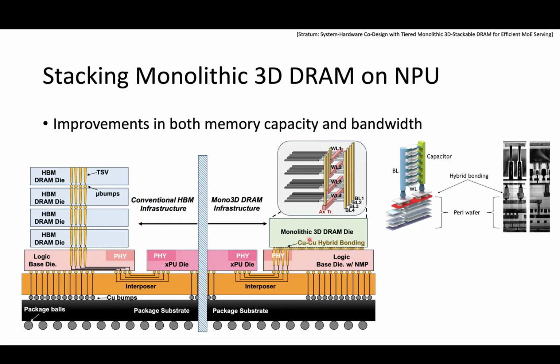In order to increase the capacity of memory, in this paper, they propose using monolithic 3D DRAM. On a single DRAM die, by having multiple layers of cells, as in the case of vertical NAND, we can increase the capacity. This is a research proposal, but hybrid bonding is now being commercialized.